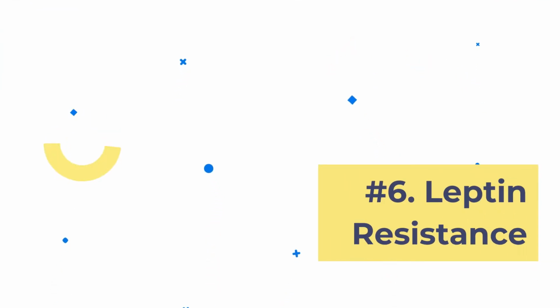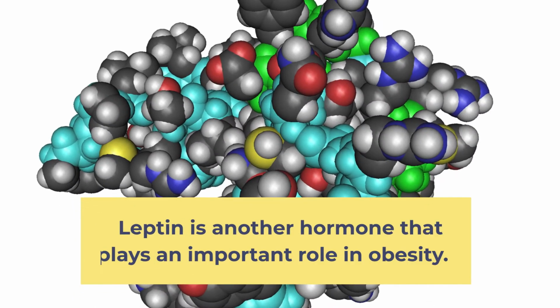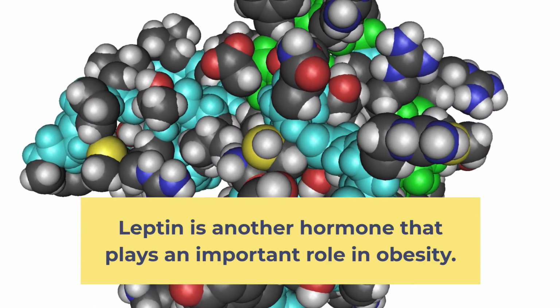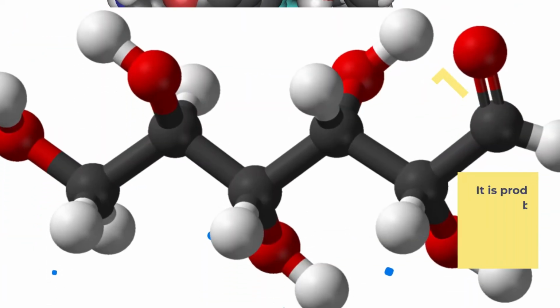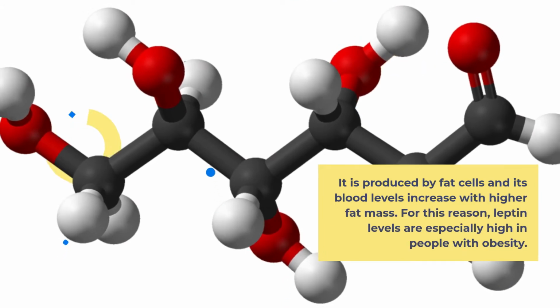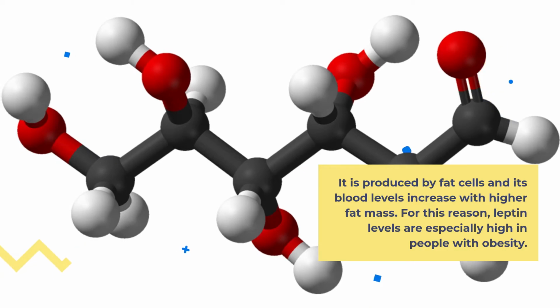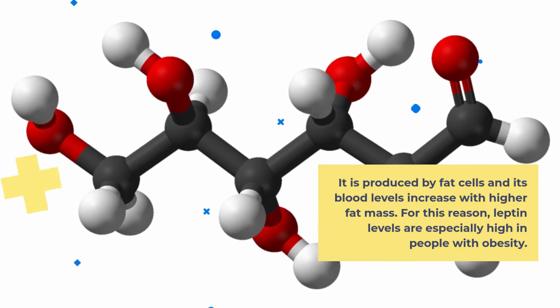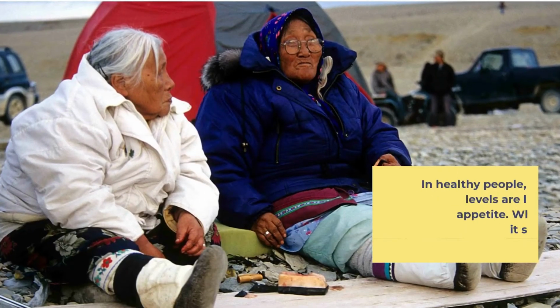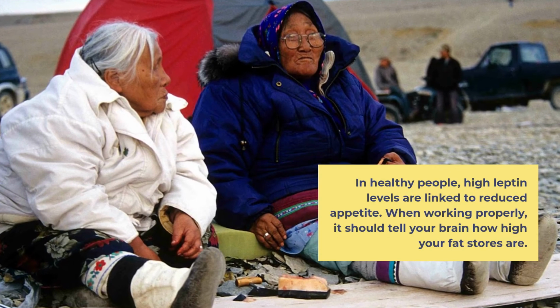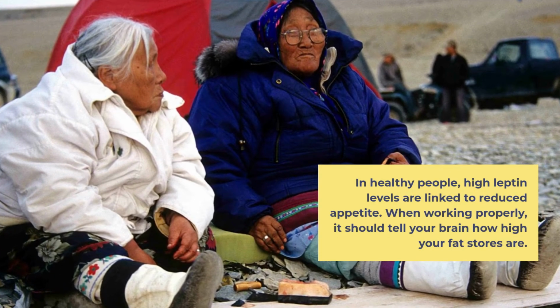Number 6. Leptin resistance. Leptin is another hormone that plays an important role in obesity. It is produced by fat cells and its blood levels increase with higher fat mass. For this reason, leptin levels are especially high in people with obesity. In healthy people, high leptin levels are linked to reduced appetite.